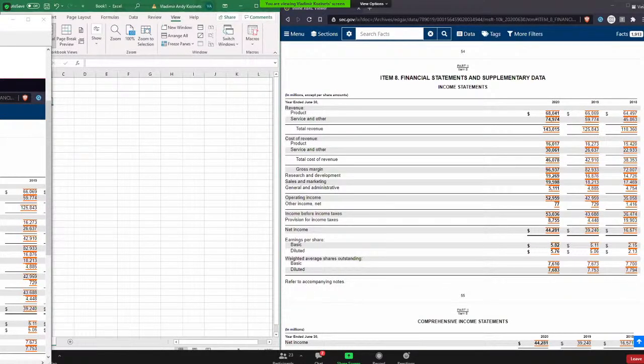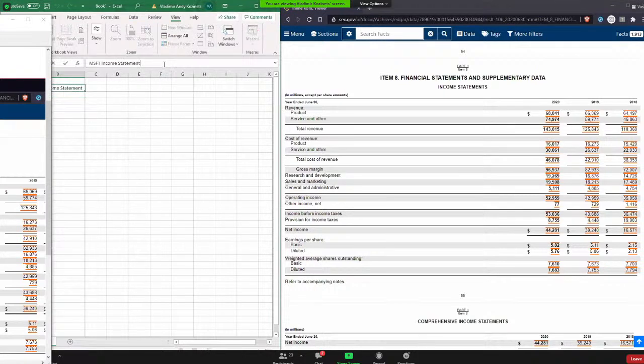This is the income statement. So their total revenue. Okay, let's do 2020.